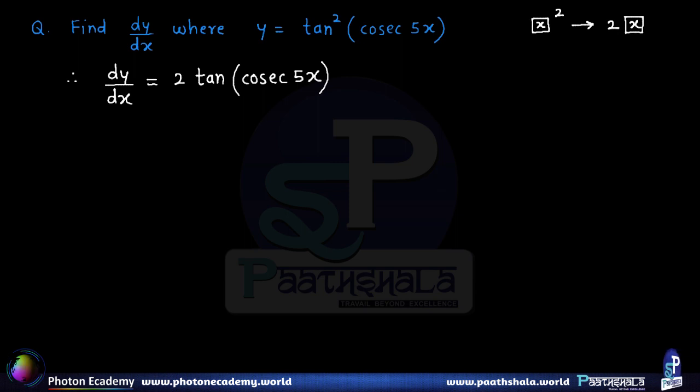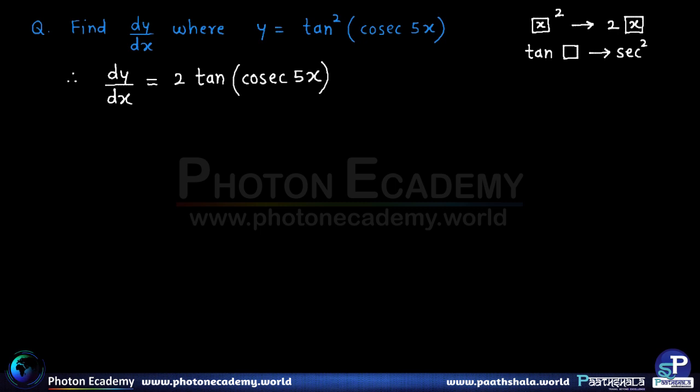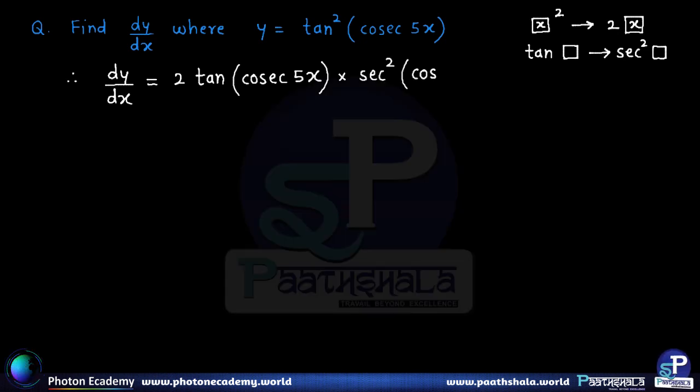Next we drop the outermost operation, that is we drop the square. What remains is tan of cosec 5x. Here we have a function of the form tan of something. We know that the derivative of tan is sec square. So we multiply by the next derivative, that is the derivative of tan of cosec 5x, which turns out to be sec square of cosec 5x.